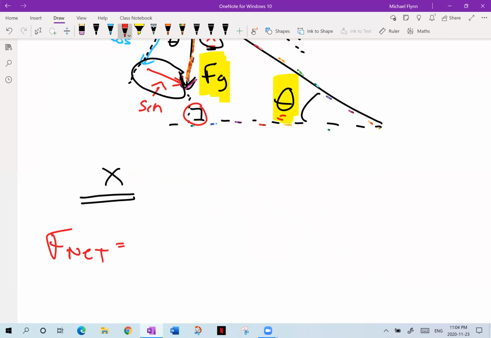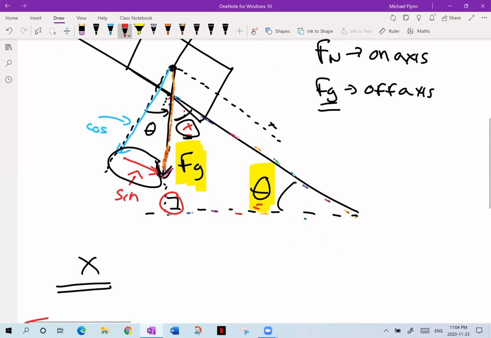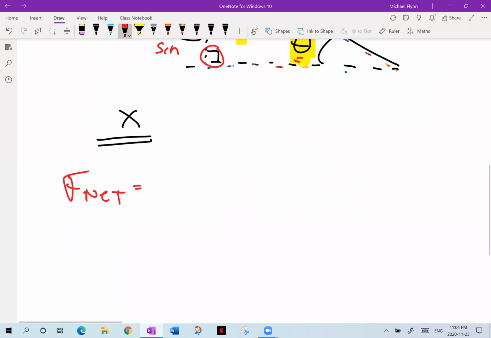The net force in the x direction is simply equal to the force of gravity times the sine of theta, and therefore max equals mg sine theta, okay? Now the mass will cancel here, but I'm just going to leave it like that for now. Remember that the force of gravity is always mg, and that's why I do that substitution.